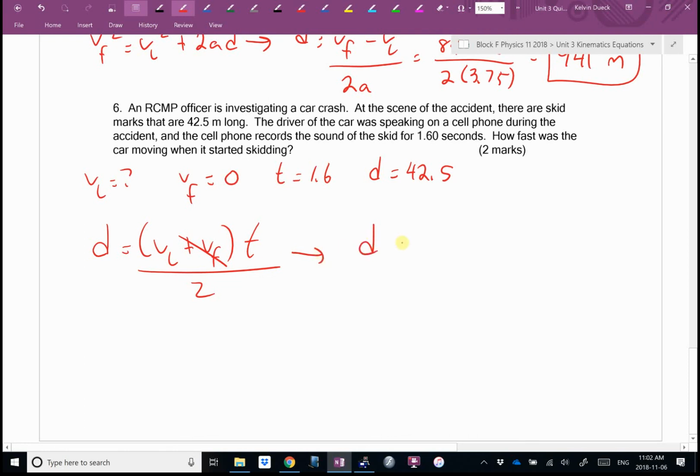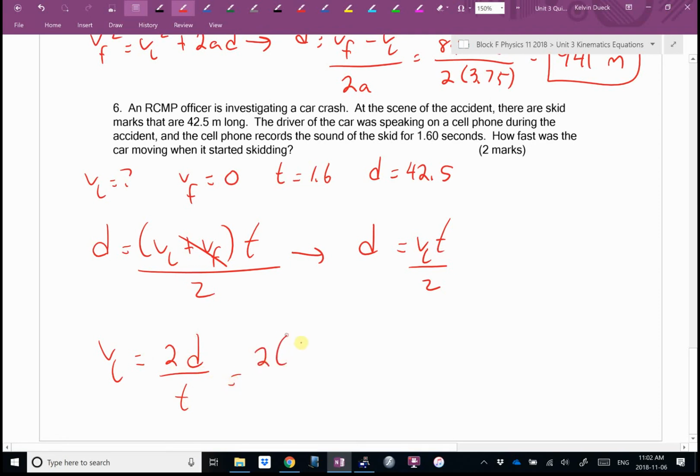So what I really have is D equals VIT over 2. How would I get the VI by itself? What will I do with the T? Yeah, thank you, one person, for being with me here. What will I do with the 2? Times it. So I think VI is going to be 2 times D over T.